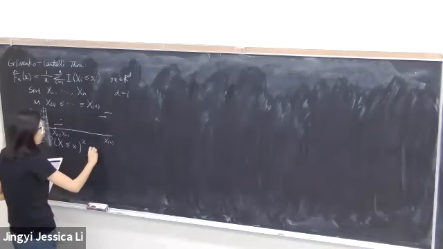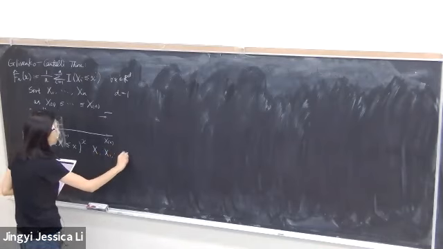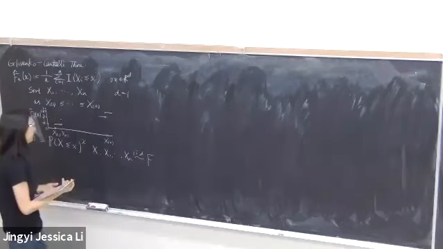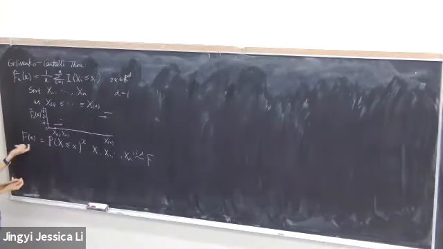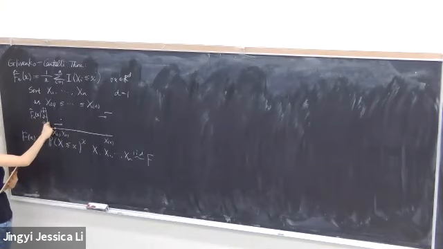And here, X and X1 to Xn are IID from the same F. So even if this F may be continuous, as the sample size goes to infinity, intuitively you can see that this empirical CDF step function will approximate this continuous F function, right?